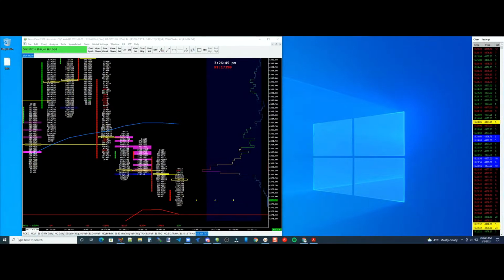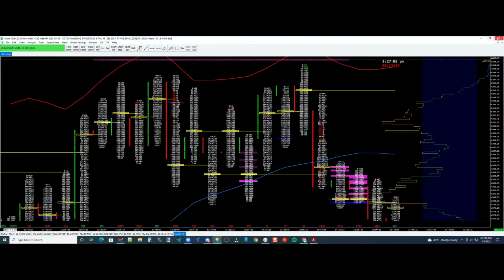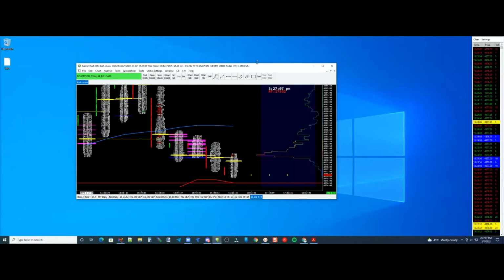Okay. So the DOM, all right. I love the DOM. It does take time to learn the DOM. There's no question about it, but Sierra Chart does an absolutely amazing job at giving us a DOM that we can customize and trade off of.